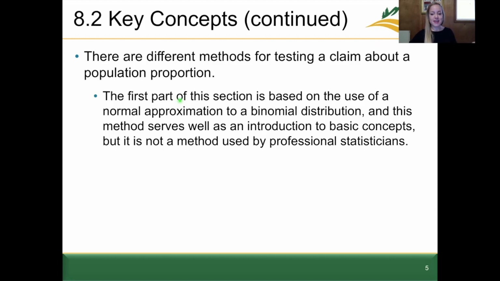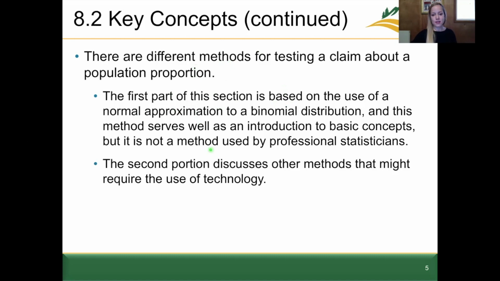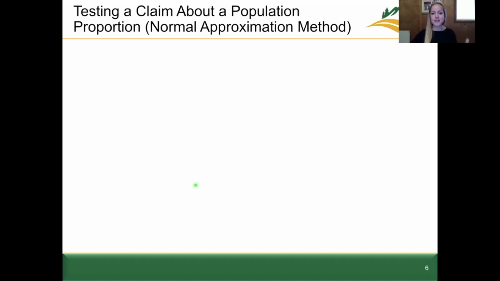In part of this section, we're going to use a normal approximation to a binomial distribution. Aside from that, in order to test claims about a population proportion, we'll also go into other methods that might require the use of technology like Excel.